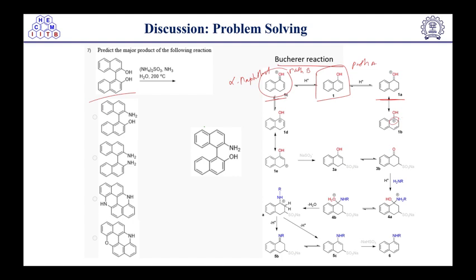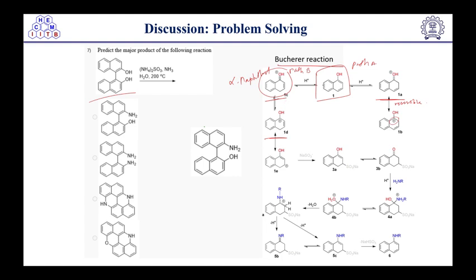After this, in path B also this intermediate will generate. So this is the reversible one.